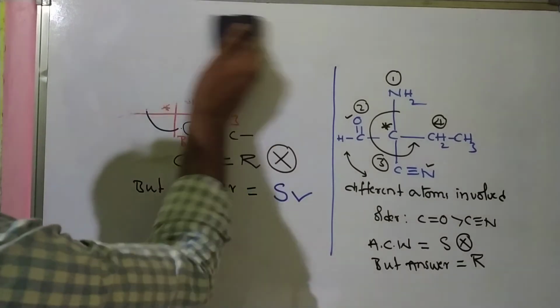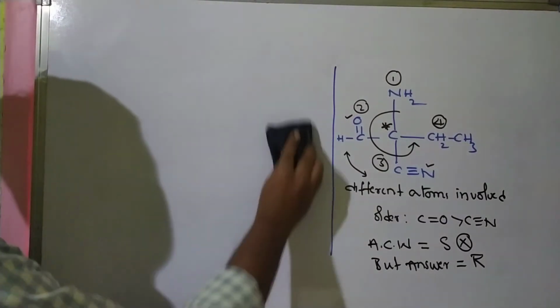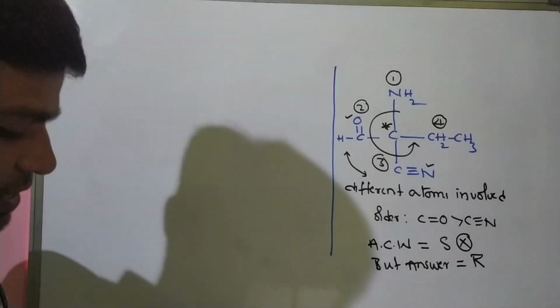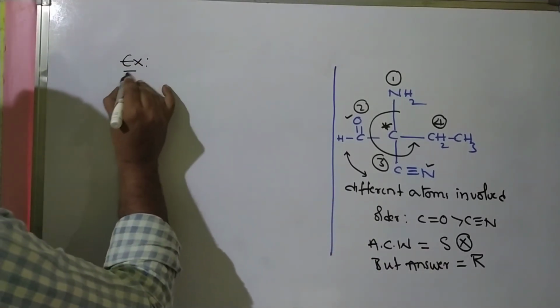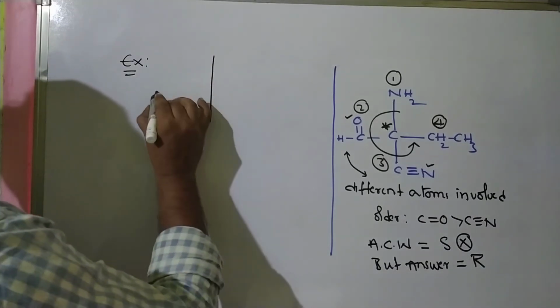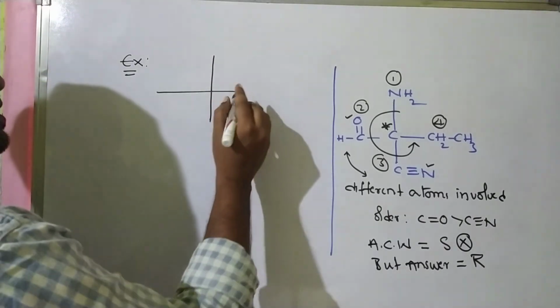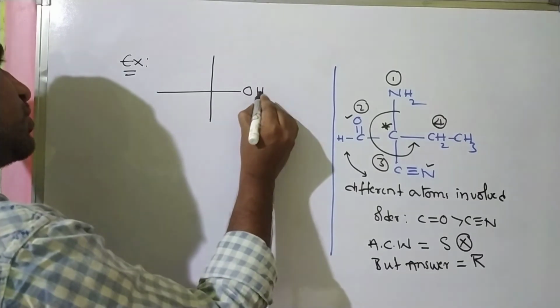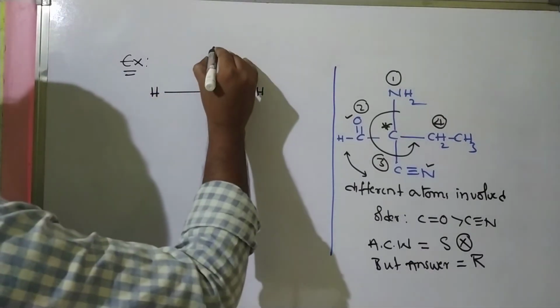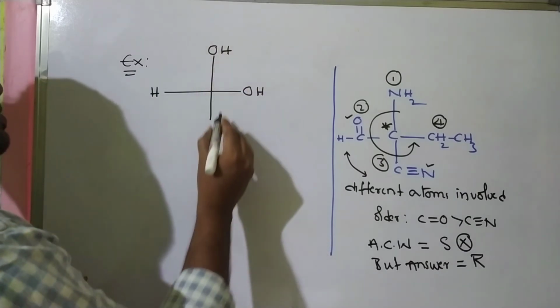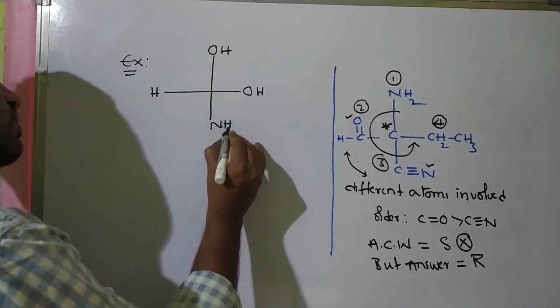Okay, students, very easy concept. So next, one more example. Here OH, here hydrogen atom, here again OH, here NH2.